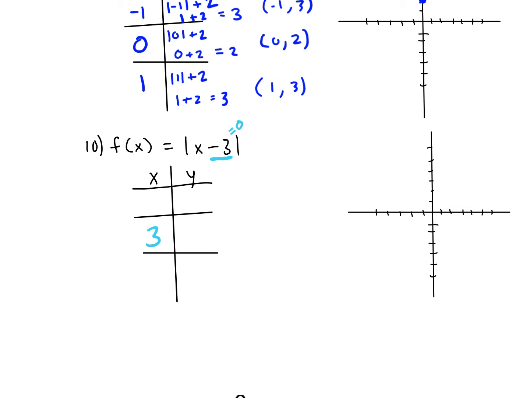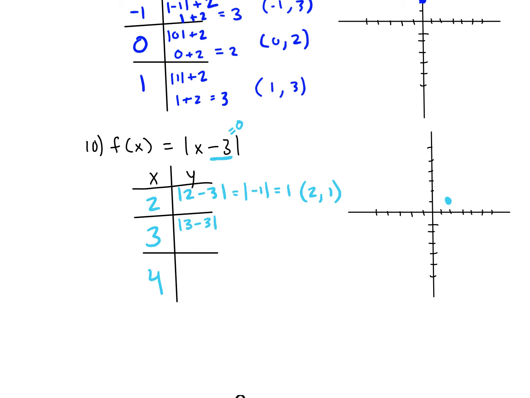And then what's a number smaller than 3? 2, and a number bigger than 3? 4. So first let's plug in 2. So I have 2 minus 3 in my absolute values. What's 2 minus 3? -1. And what's the absolute value of -1? 1. So my point would be 2, 1, because I plugged in 2 and got 1. So I go to the right 2, up 1. That's my first point. Next, I'm going to plug in 3.